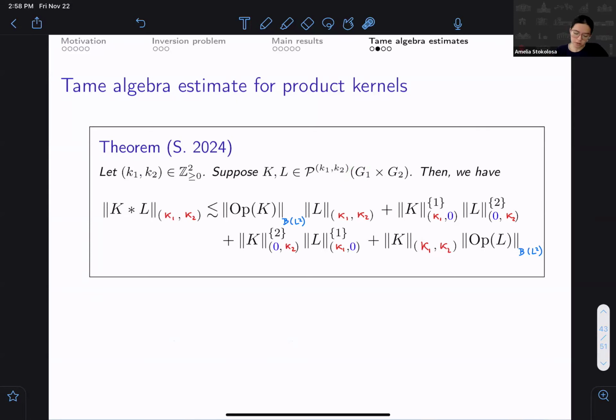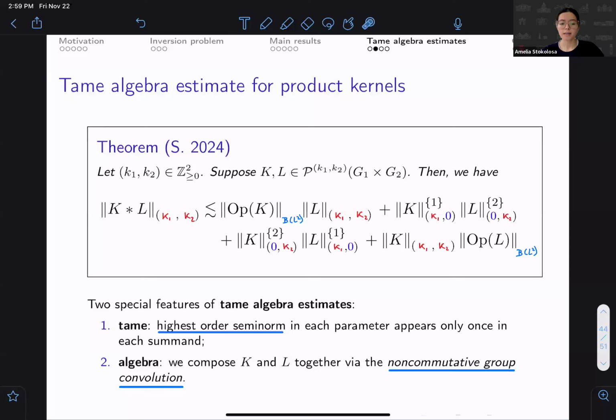All the derivatives on the first factor are going to hit K in the second term, but not L. All the derivatives in the first factor are going to hit L in the third term, but not K. And finally, in the fourth term, all the derivatives in the first factor are only going to hit K and not L. So this is a Tame algebra estimate for product kernels.